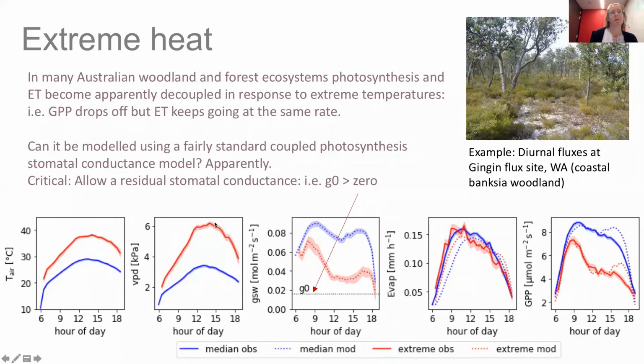And the vapor pressure deficit was also particularly high on the extremes. This led to a decline in stomatal conductance during the extreme days, but that decline was not enough to cause a reduction in total evaporation. So transpiration remained high, although there was some drop-off of gross primary production.